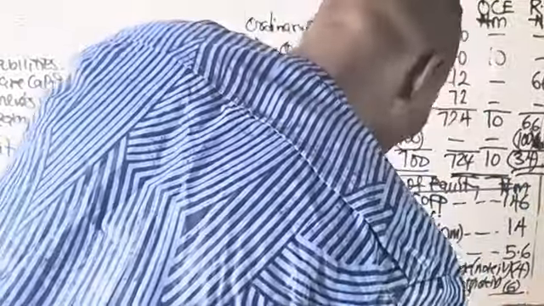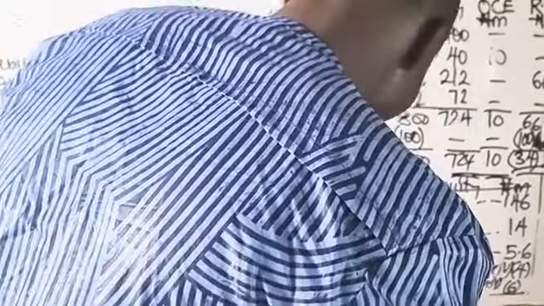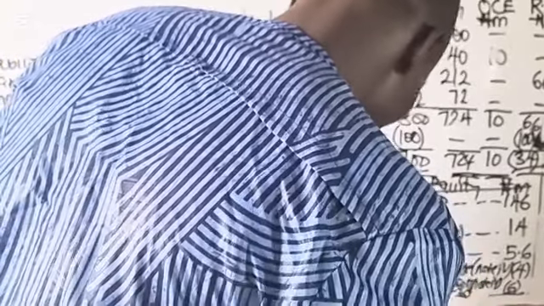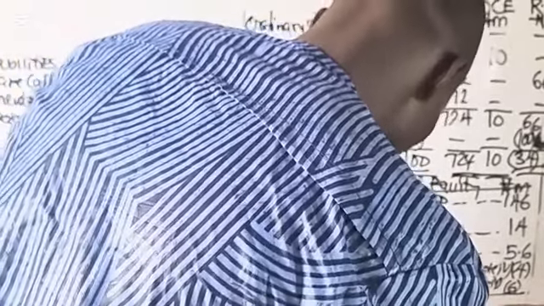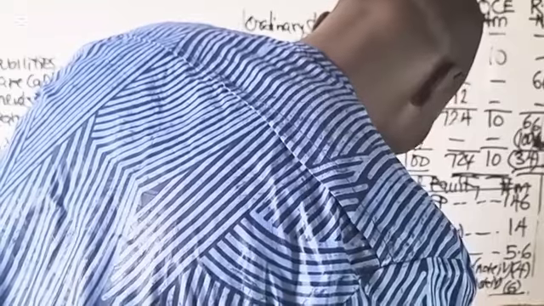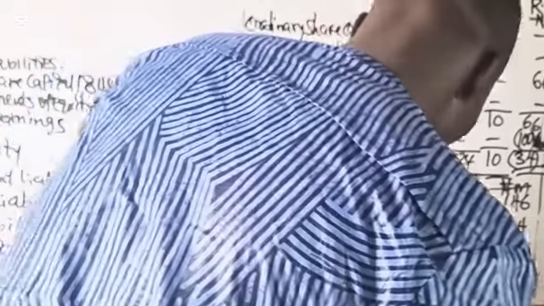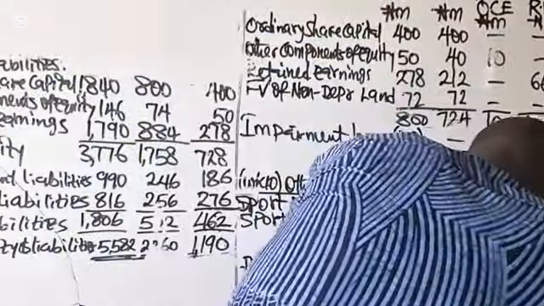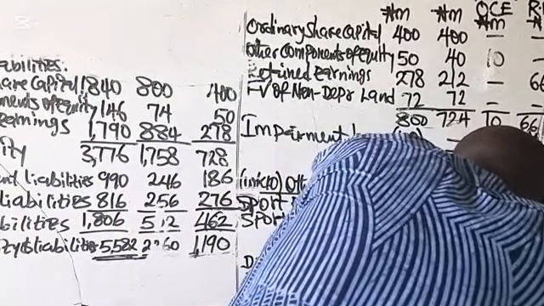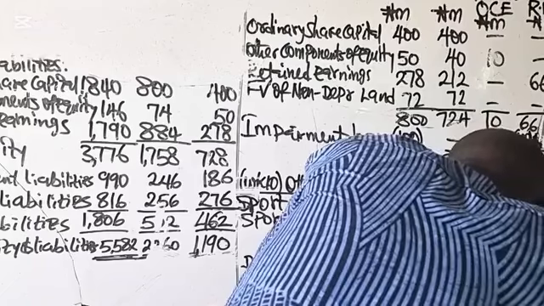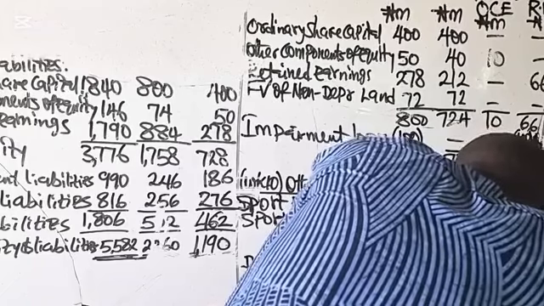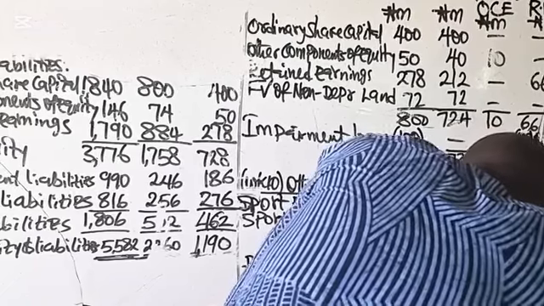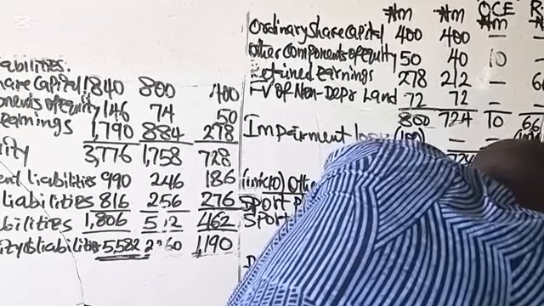Please note the correction. So we have 146 plus 14 plus 5.6 minus 4 minus 6. You have 155.6 million.